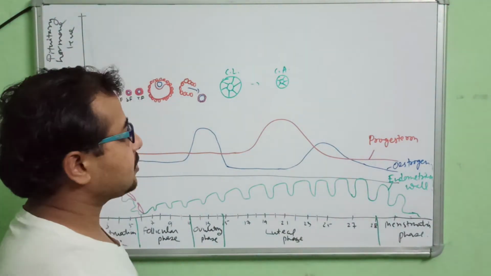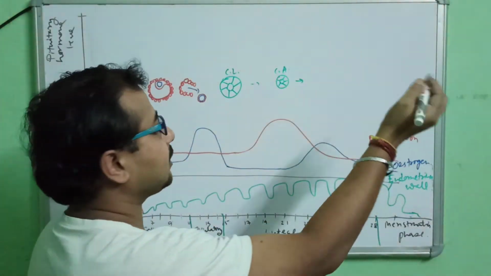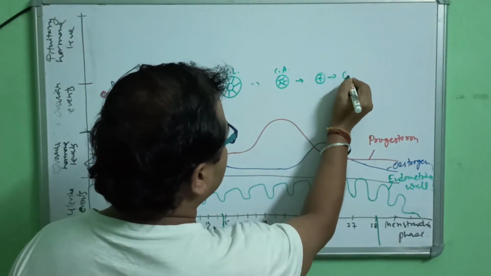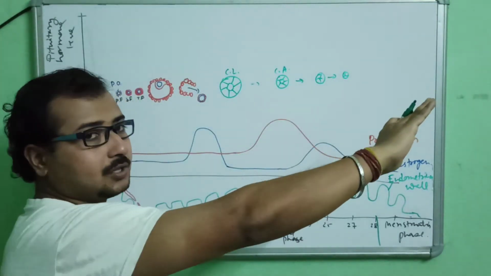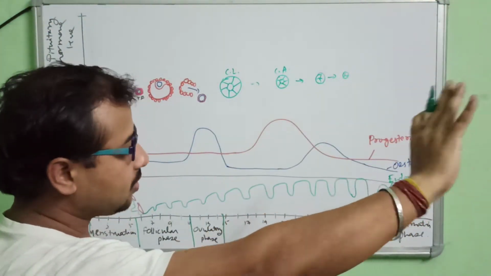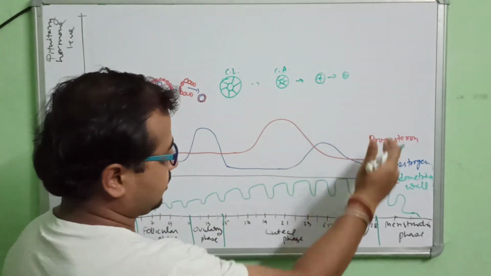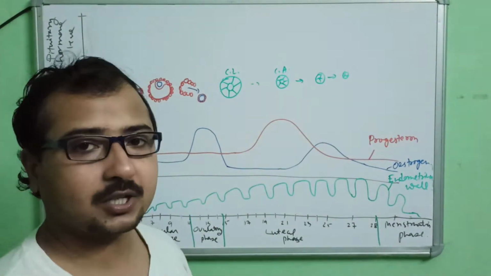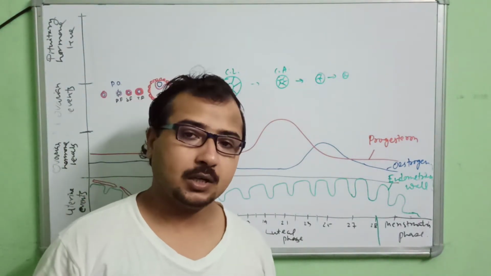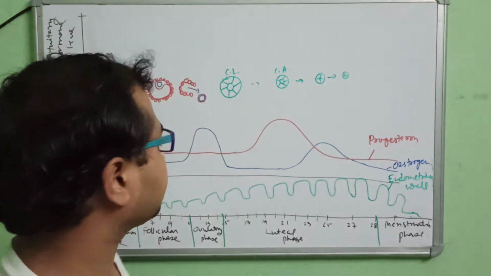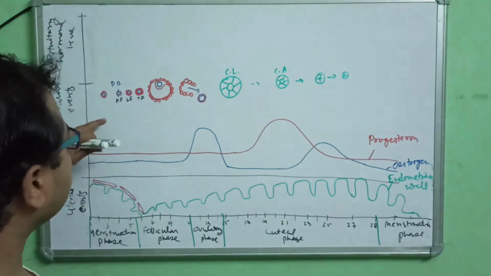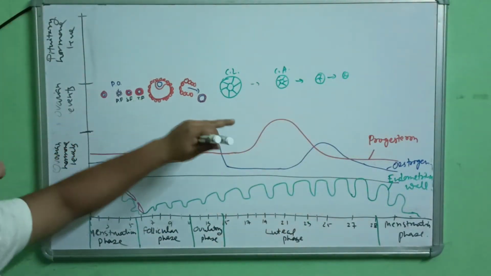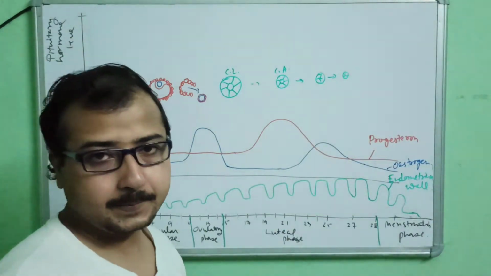And then slowly this also regresses further into a very small structure, so structurally it is slowly damaging. By the end of the luteal phase, the whole corpus luteum is going to be destroyed. So this is the event that takes place in the ovary during the phases. Understood?